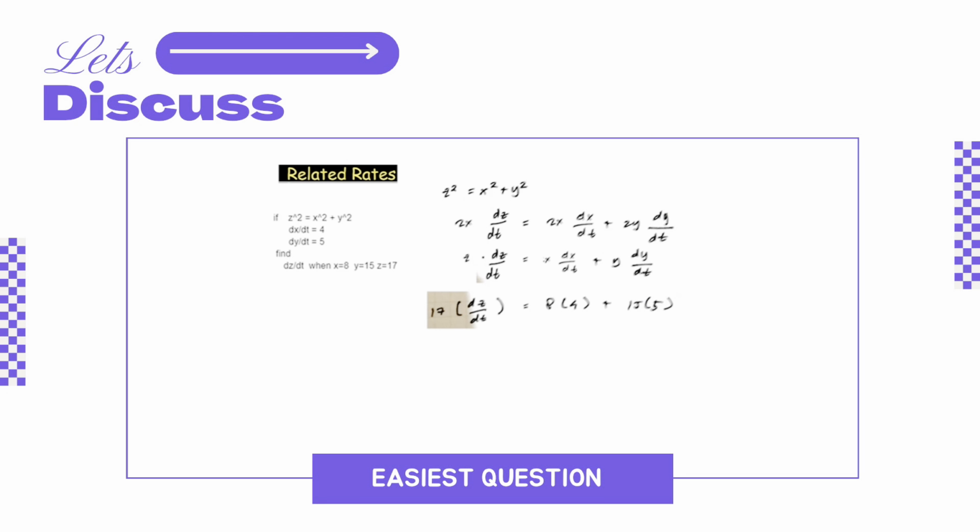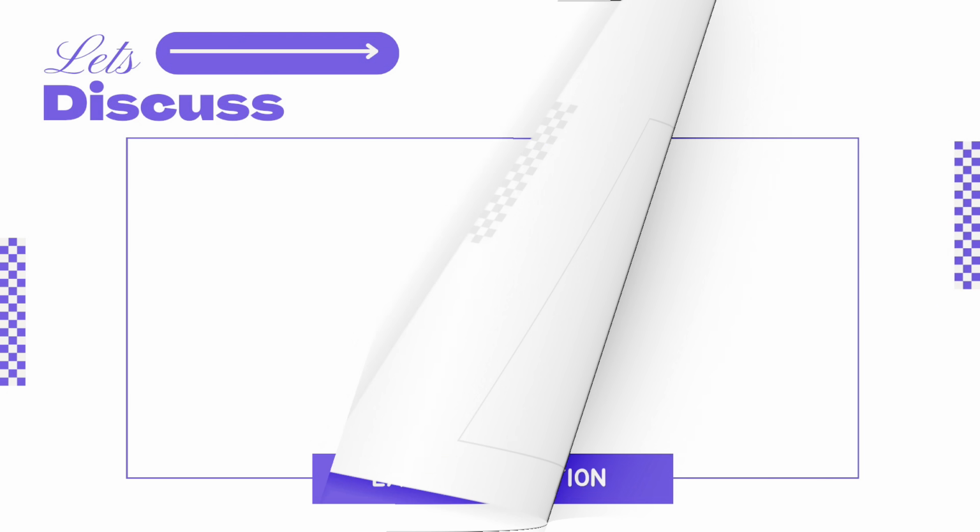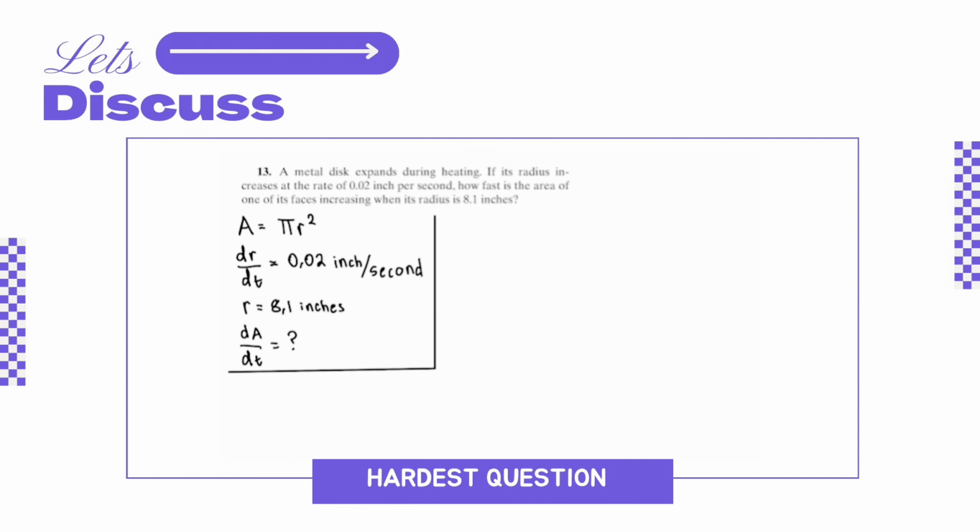And after this, calculate all. So it's going to be dz dt equals 8 times 4, which is 32, plus 15 times 5, which is 75, over 17. And the final answer will be 6.294.